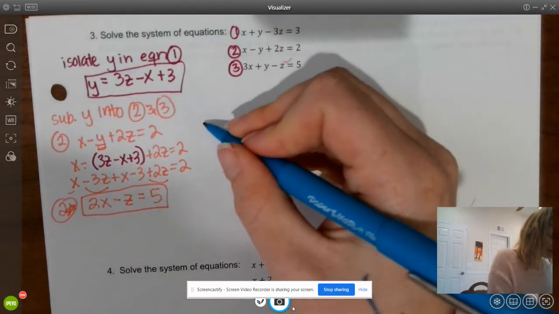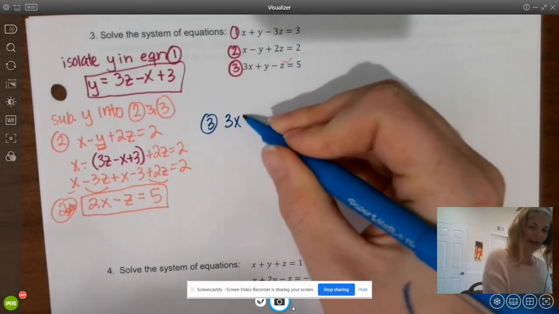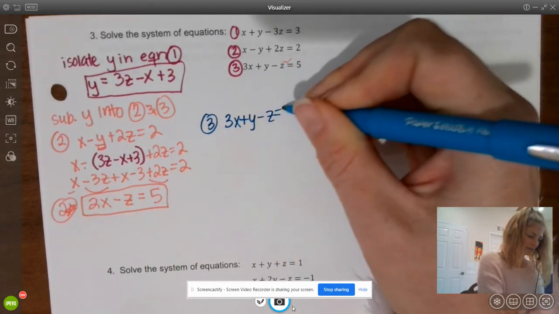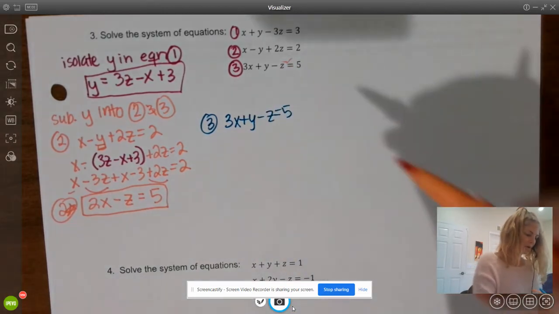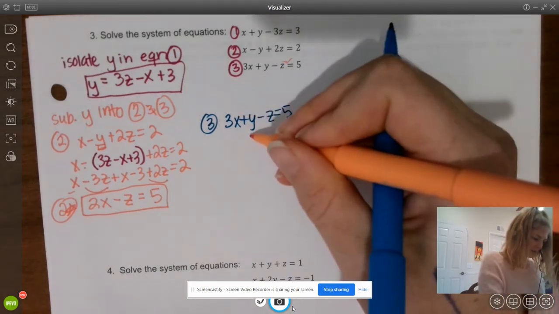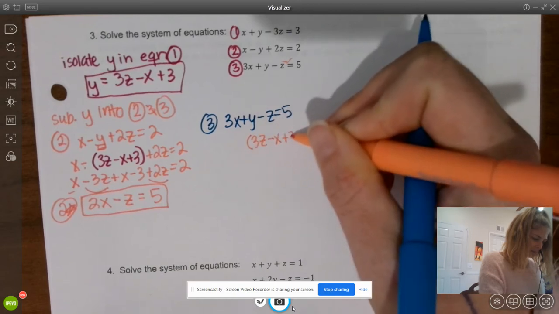Okay. And I have not used equation 3 yet, so equation 3 is 3x plus y minus z is equal to 5. But remember, we found our y value to be 3z minus x plus 3.